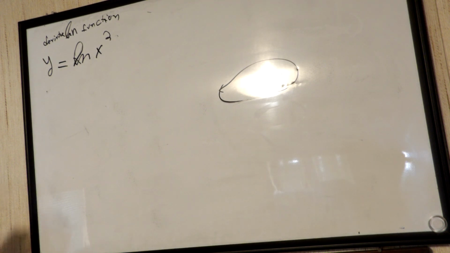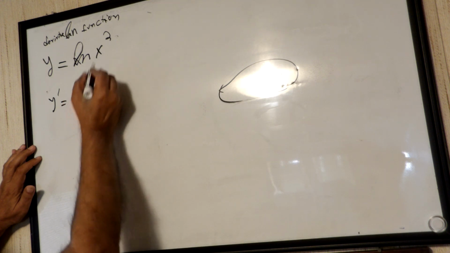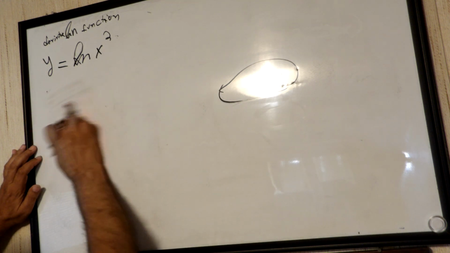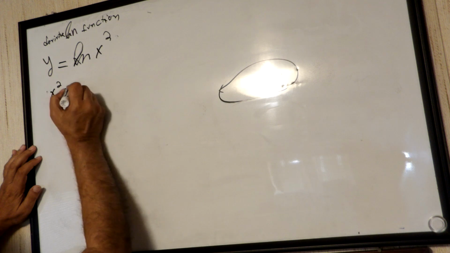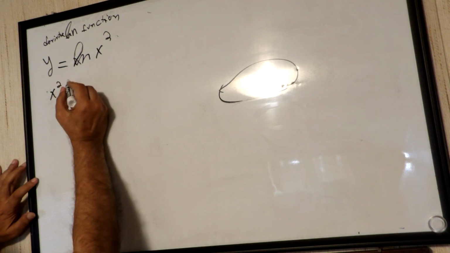When you have it like this, x squared is equal to u, okay, we call it u. This is ln u.